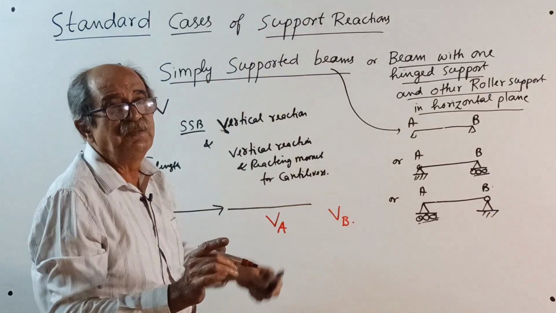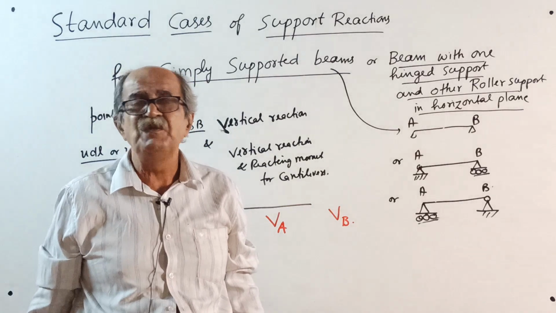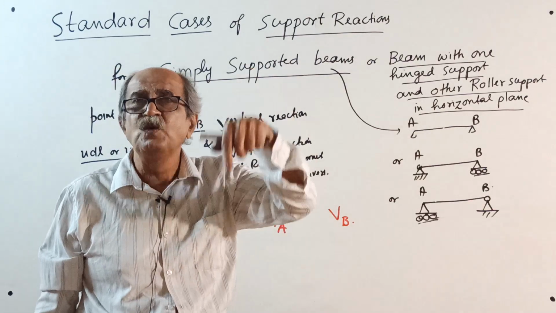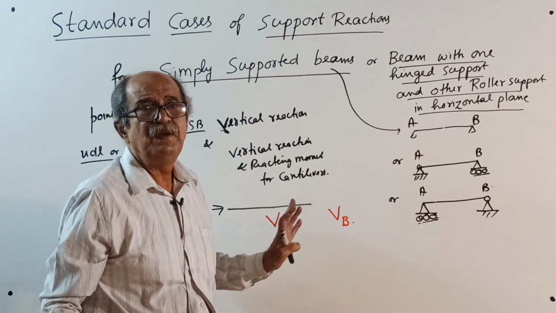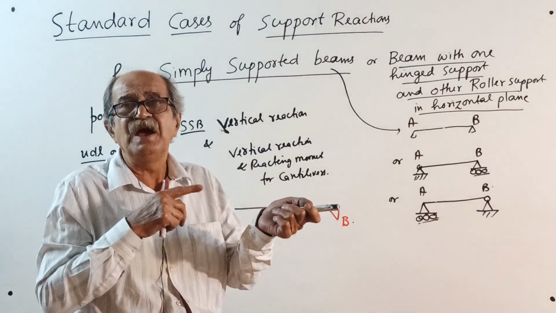And I won't write plus or minus. You solve the question; if you know the sign convention, suppose you assume upward and it comes negative, it is downward. That's all I told earlier. So direct answer: left VA, right VB. When I go to cantilever, V and M; H I am not writing.